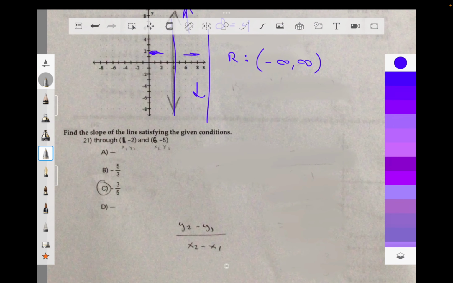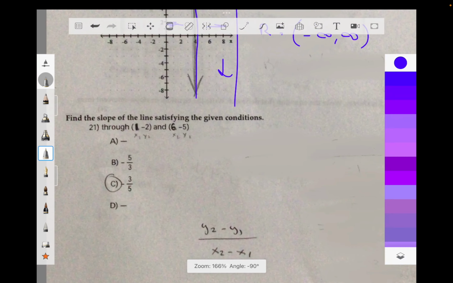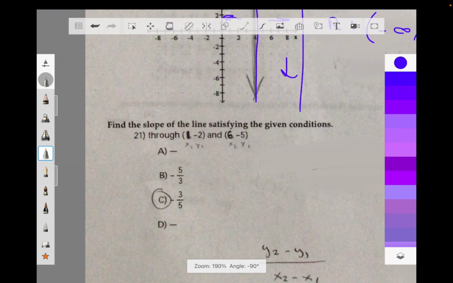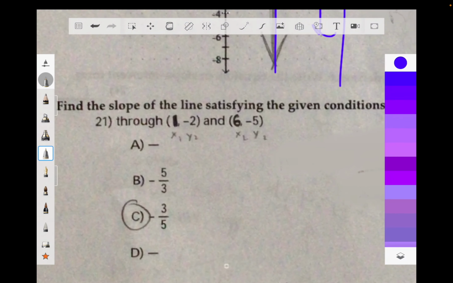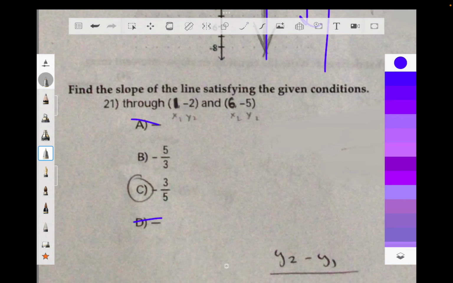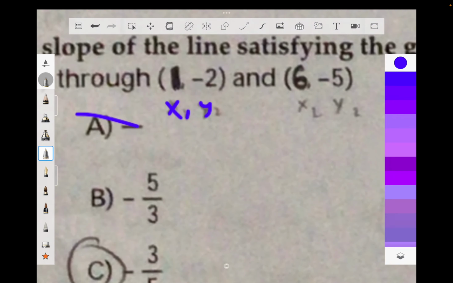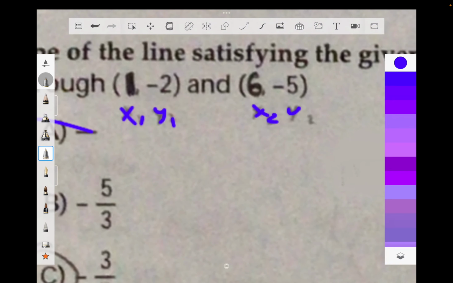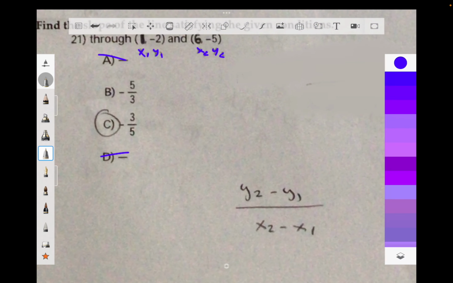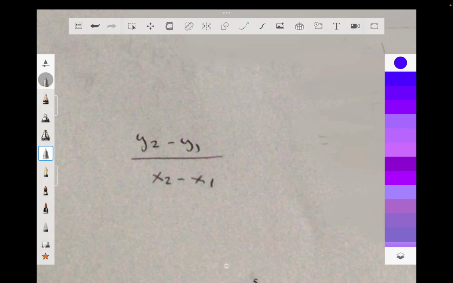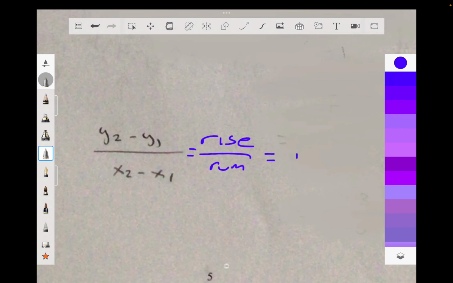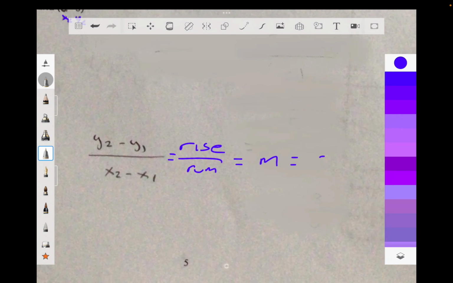Find the slope of the line satisfying the given conditions through (1, -2), (6, -5). So same thing. This is asking you for the slope, or m. I don't know why these are blank. So this is point 1, x1, y1, and x2, y2. It's going to be rise over run, which is the same thing as saying m, which is, again, slope.